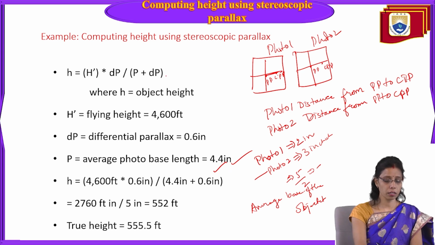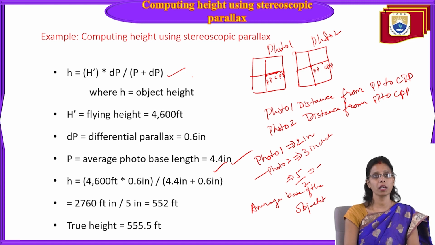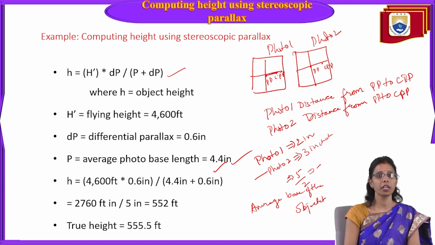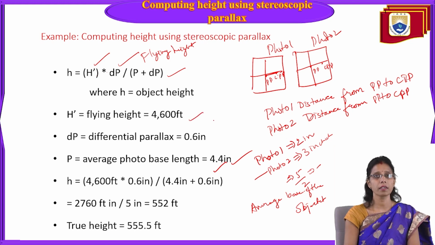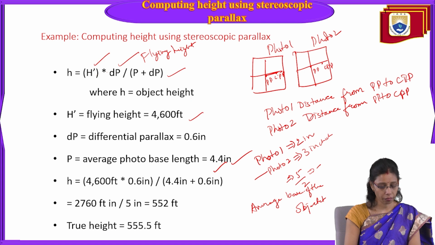So this is the formula we are going to apply to find the actual height of the building. In the previous slide we have seen the height of that building which we are going to find out. So h is equal to H into dP, where small h is the object height and H is the flying height, that is 4,600 feet. 4,600 feet we have seen in the data.